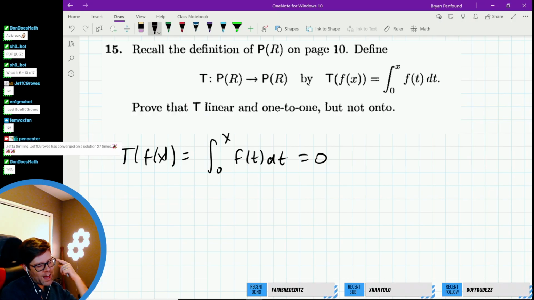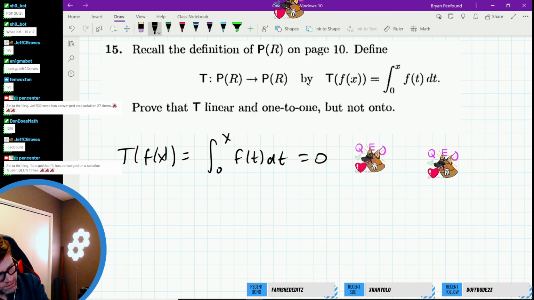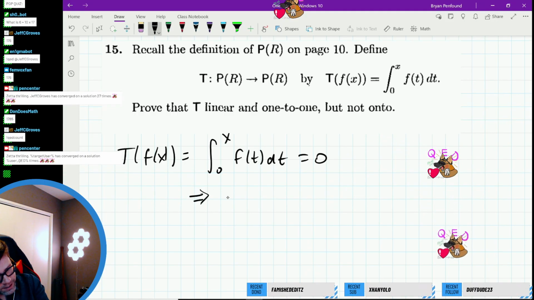This is probably the... for any x value, this has to imply that f of x is 0.